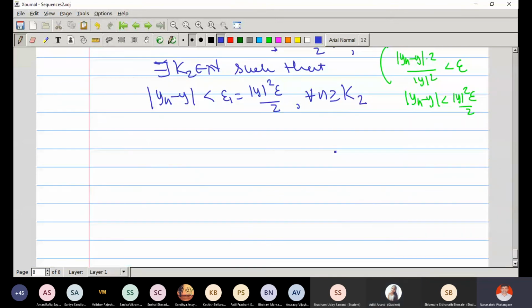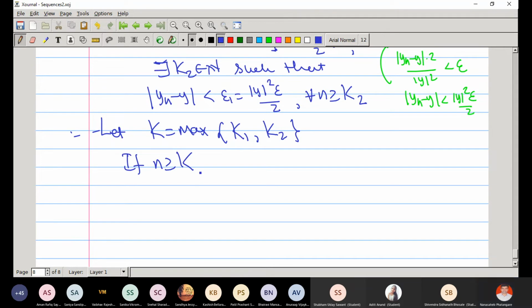So let k be the maximum of k1 and k2. Then check that this is a required k. That means this k fulfills our requirement. So if n is greater equal k, and k is the maximum of k1 and k2, then ultimately n is greater equal k1 as well as k2.